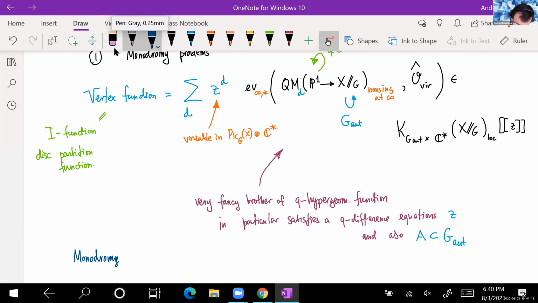An example of monodromy is like a fundamental solution, maybe call it phi, written at z equals 0, composed with phi inverse written at some other point, maybe z equals infinity in some sense.